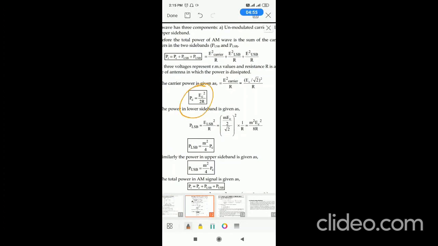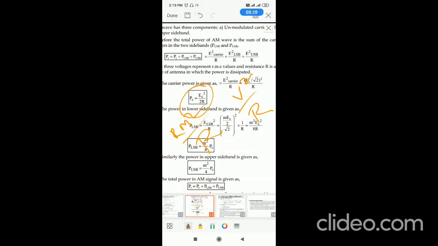This is the power contained in the carrier signal of the AM signal. In normal DC circuits, the formula is voltage square by R, whereas for AC circuits it is RMS square by R. The RMS value of carrier is EC by root 2, and if you calculate EC by root 2 square, you will get EC square by 2.